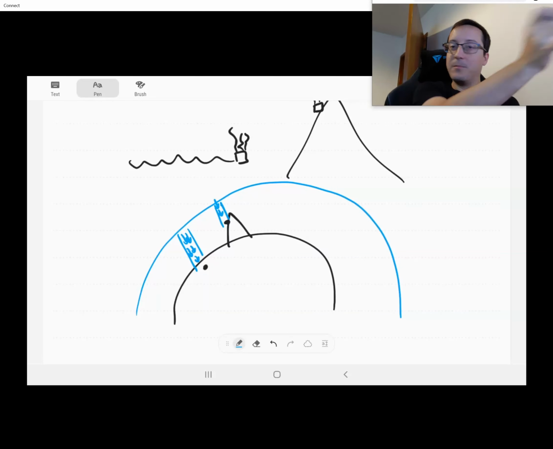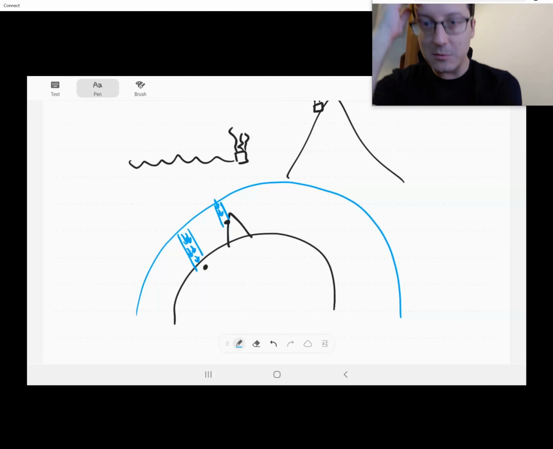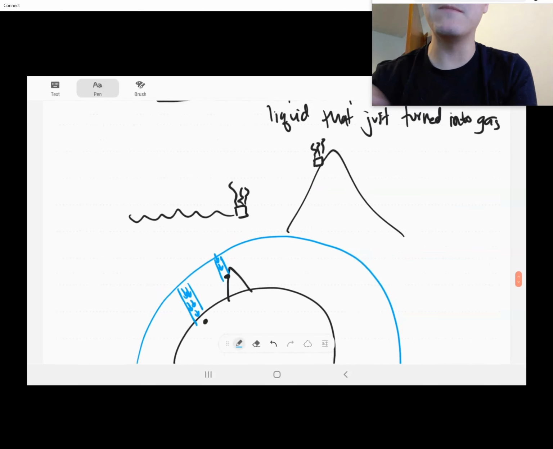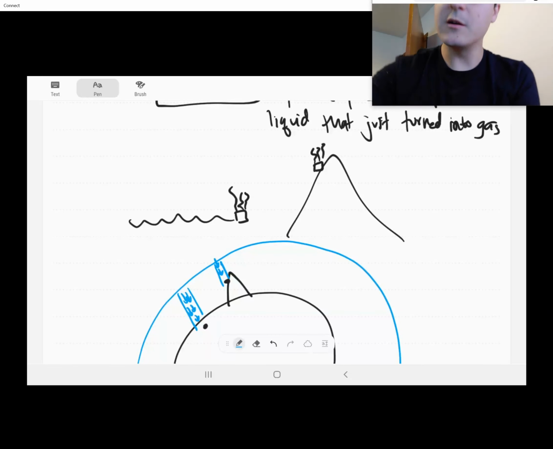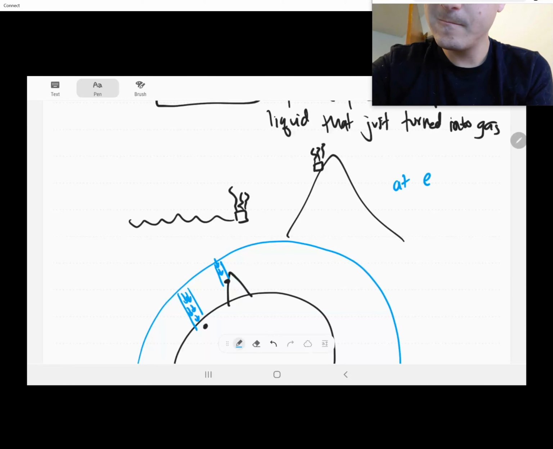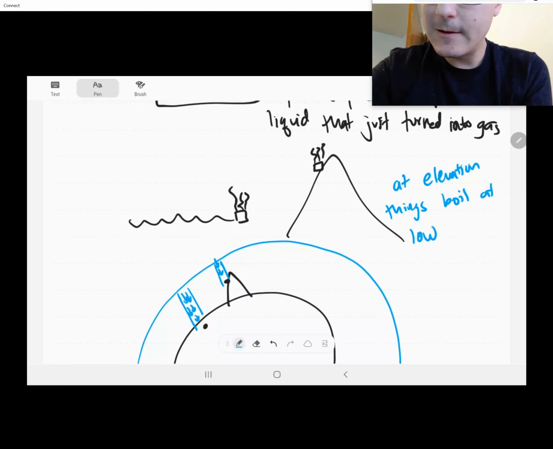That's just not even in the way. So as a result, if you're up on this mountain, there's lower atmospheric pressure, so your water will boil at a lower temperature. So at elevation, things boil at low temperature.